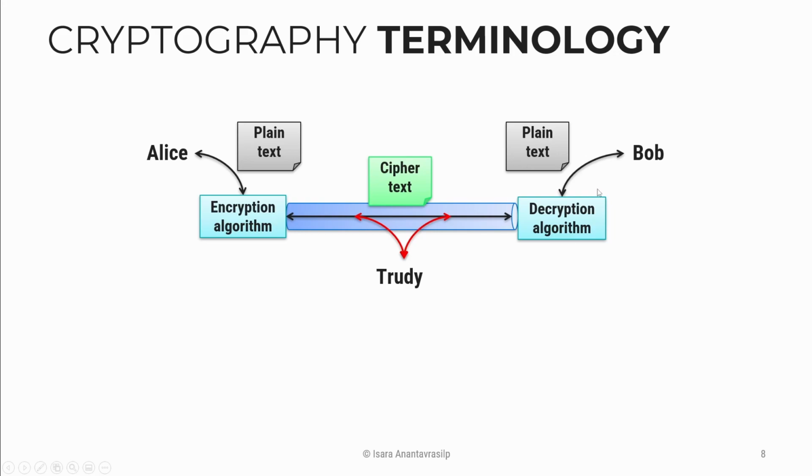Then after Bob receives the ciphertext from Alice, Bob could use a decryption algorithm to decode or decrypt this ciphertext back into plain text. This original text or plain text is the same as this plain text right here. All right. So Alice and Bob are expecting Trudy to listen to their communication.